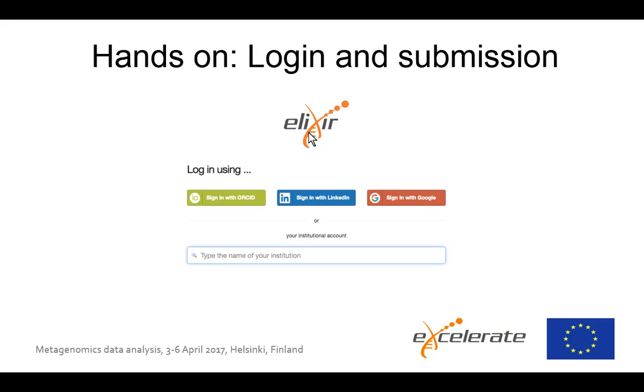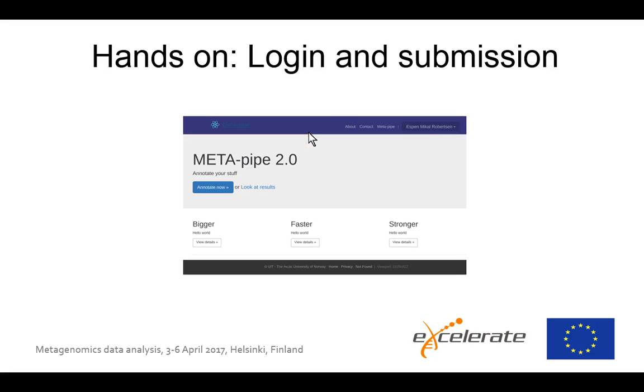You will go through 2 or 3 pages with associate my account with Google, etc. And then there's a form in the end, and it's really basic. You just fill in your names, your email addresses, and then your Google account will be associated with Elixir AAI, which is this login. And then when you're done with that, you just navigate back to this site, same address, and now you can see you're logged in, so you have your name in the upper corner.